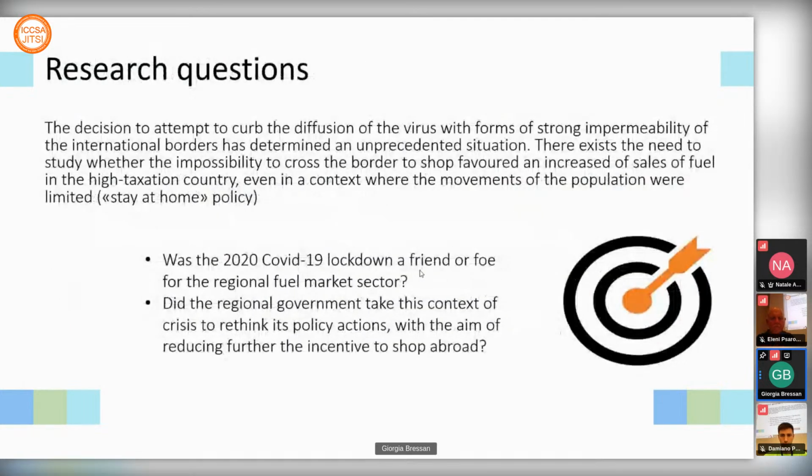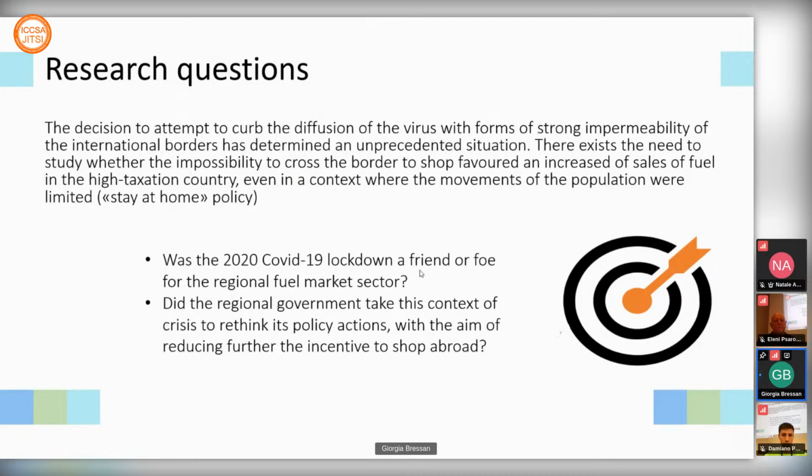Well, what are we doing in this contribution? The decision to attempt to curb the diffusion of the virus with such a strong form of impermeability of the international border has determined an unprecedented situation.